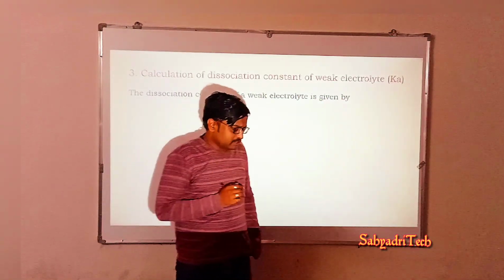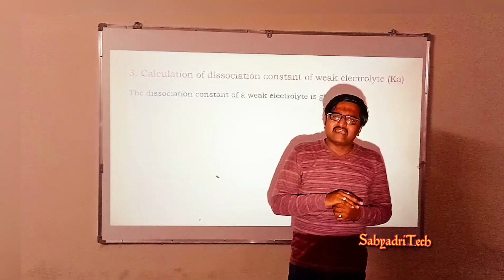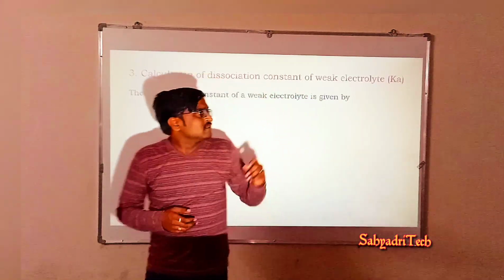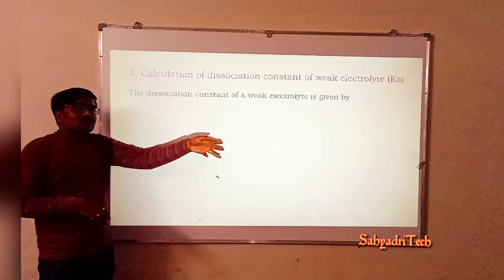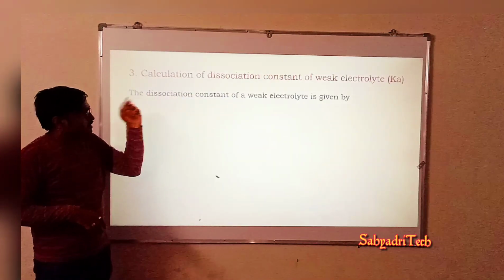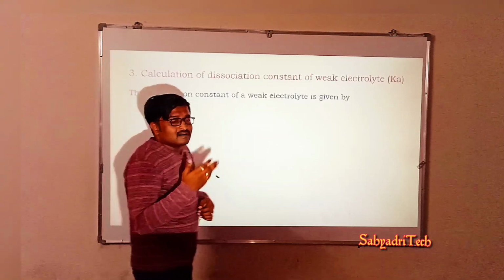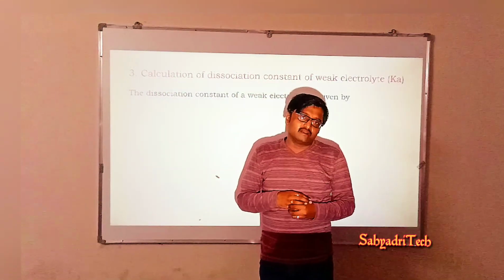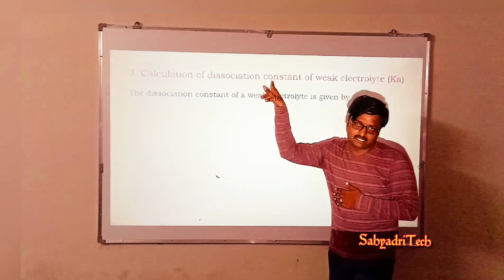I hope you are aware of the dissociation constant of acids and bases. The dissociation constant of a weak electrolyte can also be calculated with the help of Kohlrausch's law, by using the molar conductivity and limiting molar conductivity of the electrolyte.